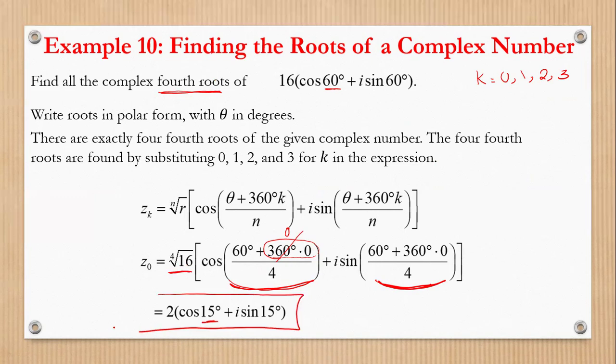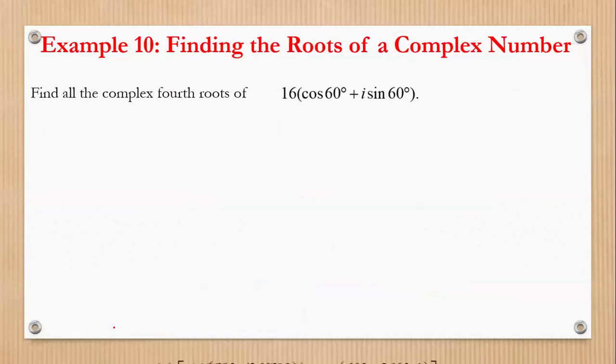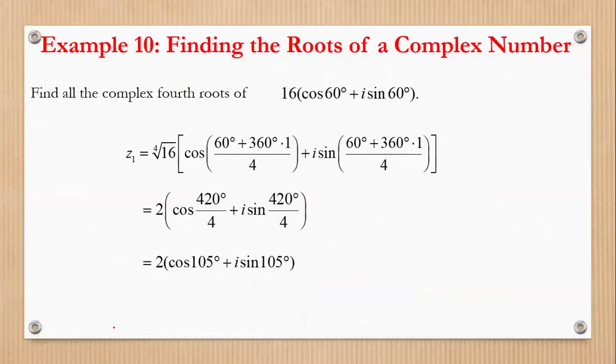So that's my first set of answers for k equals 0. Now I replace k by 1. If I replace k by 1, I get 360 times 1, which is 360, and 360 plus 60 is 420, and if I divide 420 by 4, I get 105. And the fourth root of 16, which is 2, for all of the answers. So that's my second set of answers. You don't need to find the sine and cosine of 105 unless they ask you to write the answers in rectangular coordinates.